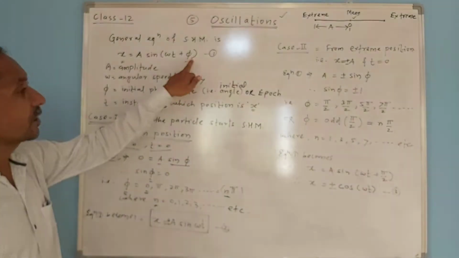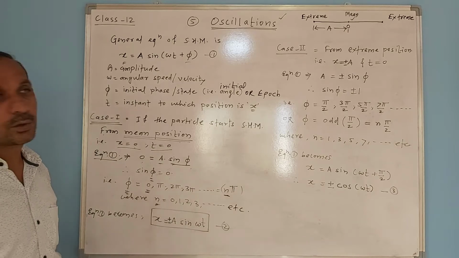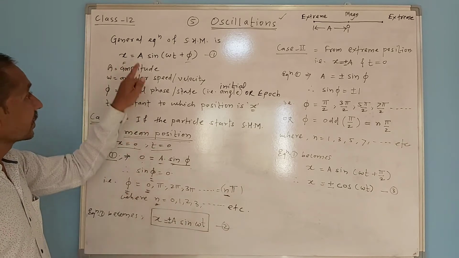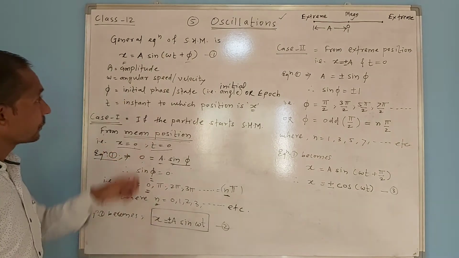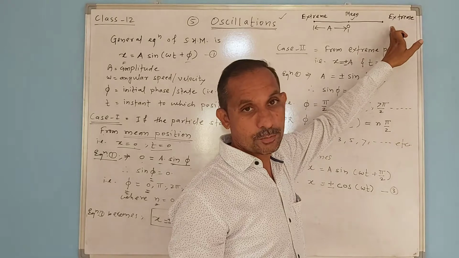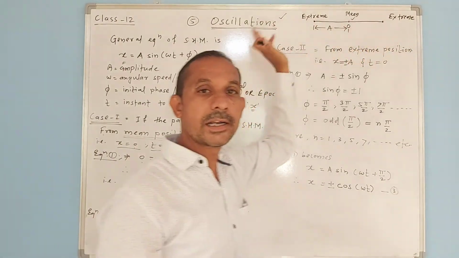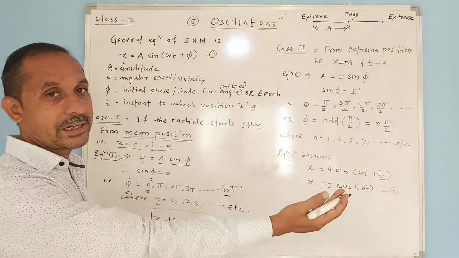Then equation 1 gets reduced to equation 2. X, amplitude may be positive or negative. That means the extreme position may be on the positive side or negative side, means plus or minus. So displacement may be positive or negative.